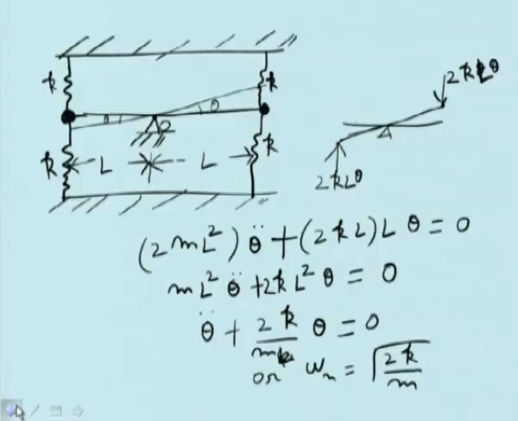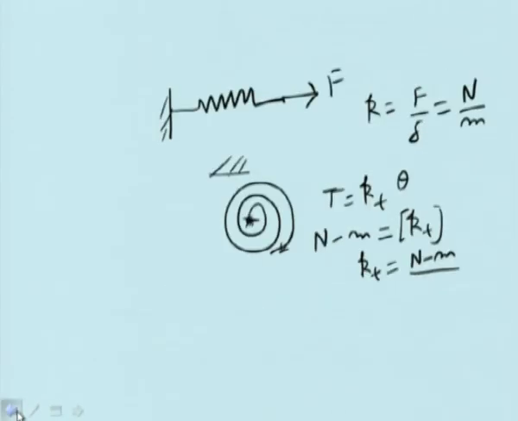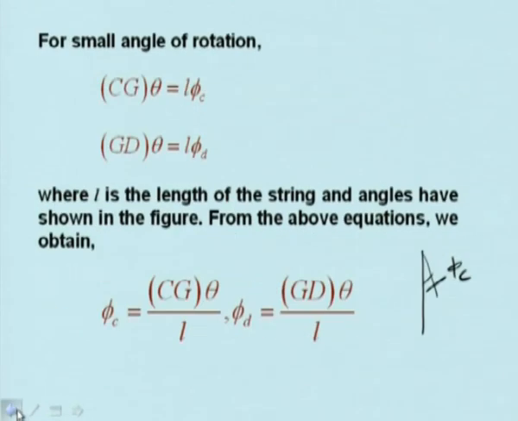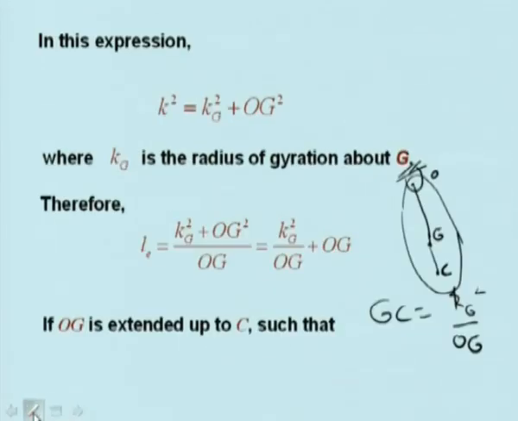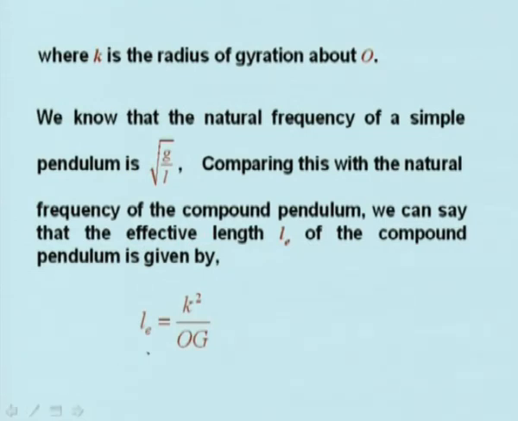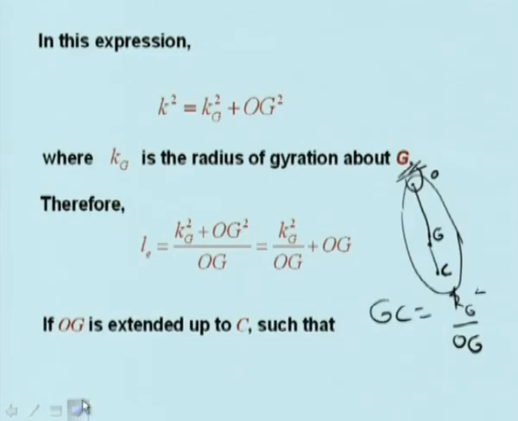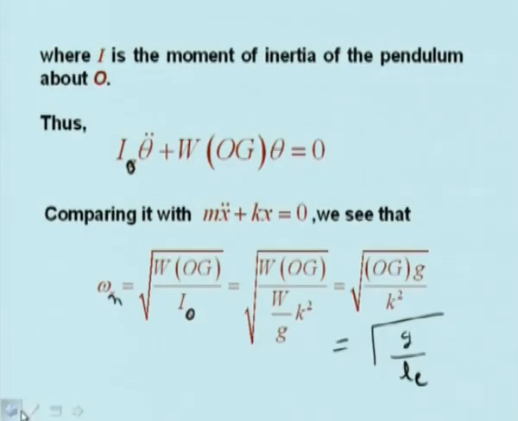Let us go back to the compound pendulum slide. For the compound pendulum, we have the effective length LE equal to K square divided by OG. So the effective length of the compound pendulum is given by K square by OG, and that means omega n is the square root of OG into g divided by K square.